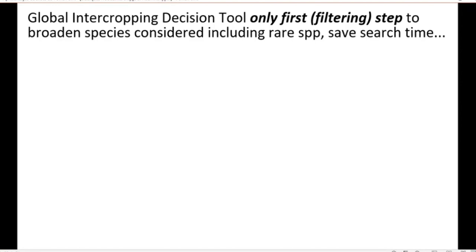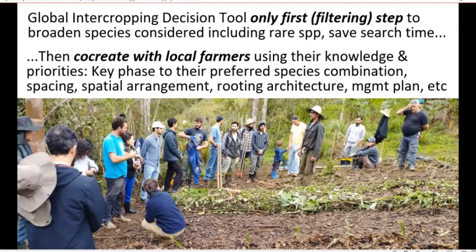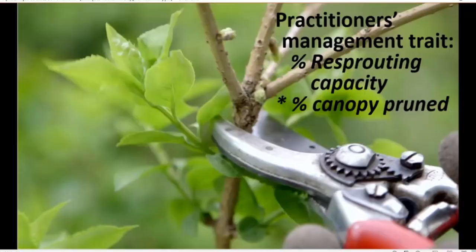And then the second step, of course, would be to co-create with our local farmers, using their knowledge and their priorities, having them guide the process, and us entering as support to develop those highly diverse and efficient agroforestry systems that restore and use the biodiversity at the same time.